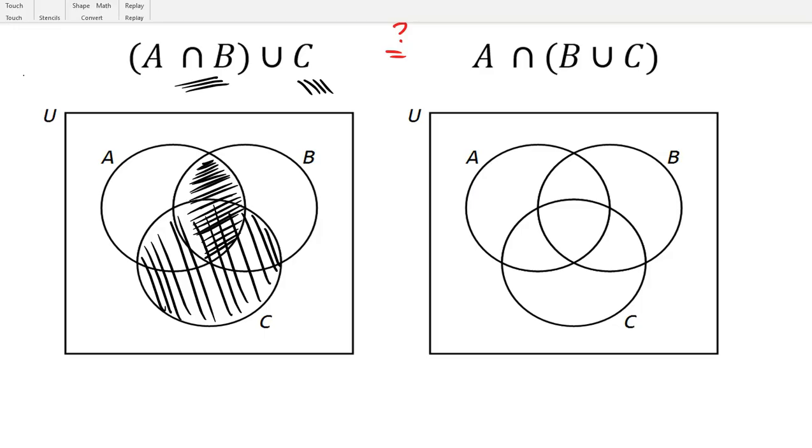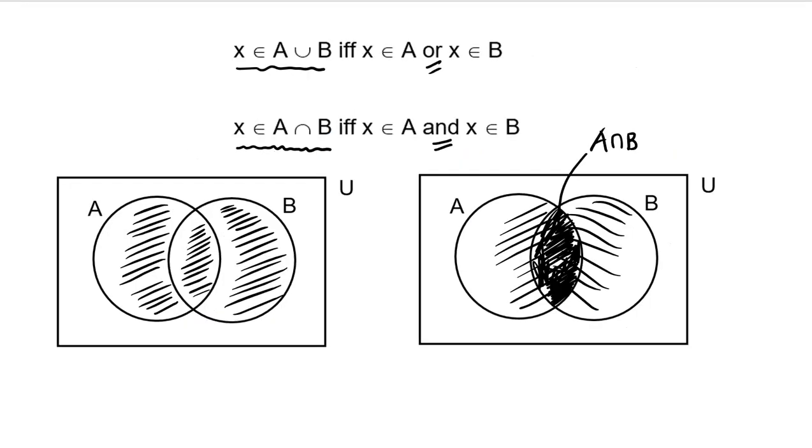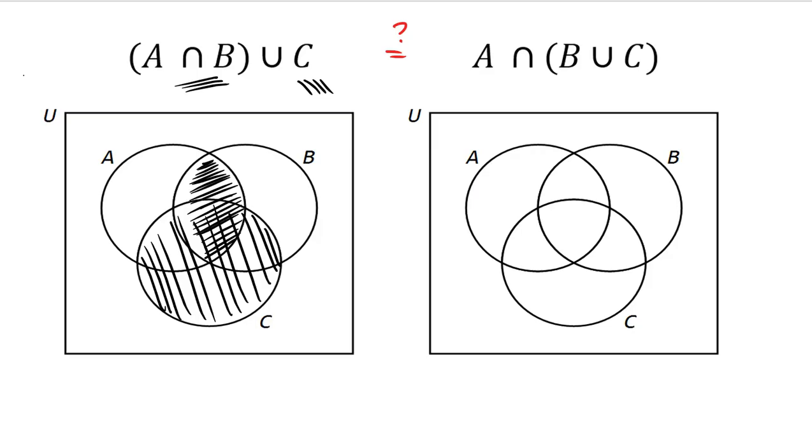Now, the union of those two sets would be the set of everything that's either in A intersect B or in C. So if it's in one of those two sets, it's in this big expression. Again, it's essentially everything that's shaded. So the red region represents this expression.